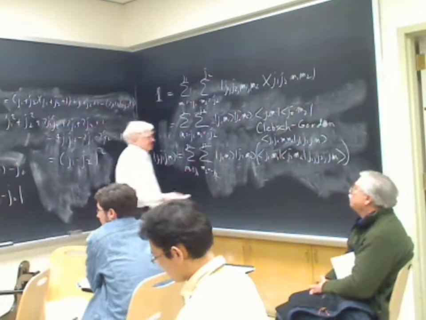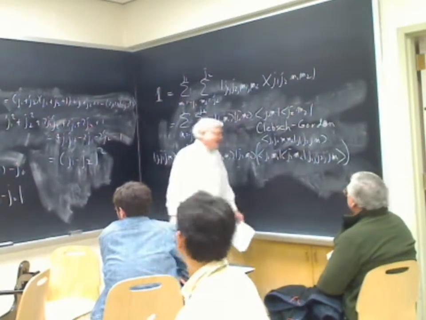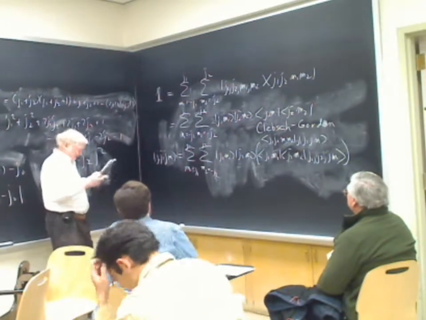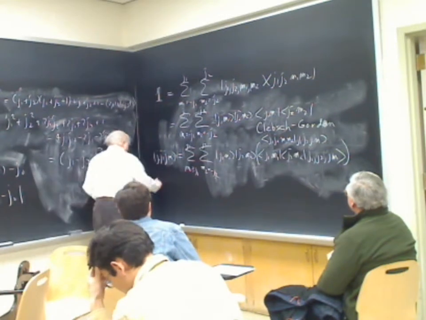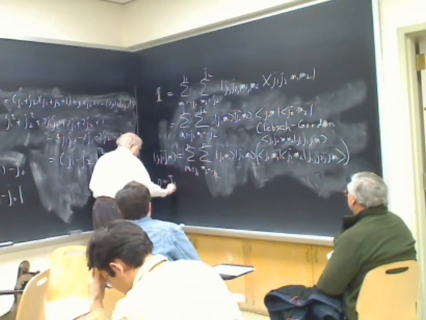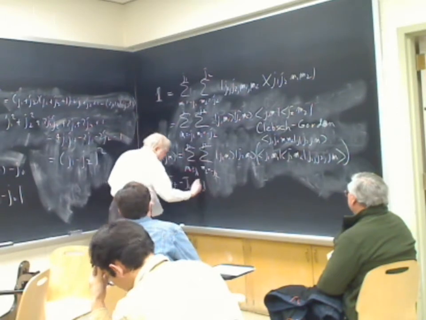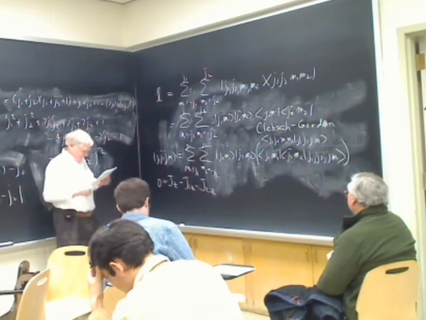Now we can say something simple about these Clebsch's. These things are called Clebsch's in the trade. Notice that, of course, 0 is Jz minus J1z minus J2z, because that's just the definition of Jz.